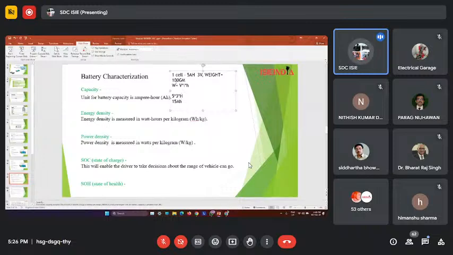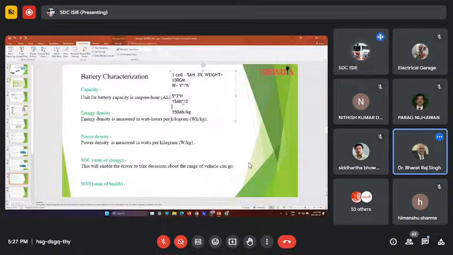So in 1 kg we are having 1000 grams, right? So we will multiply this with 10, right? So 150 watt hour per kg, right?